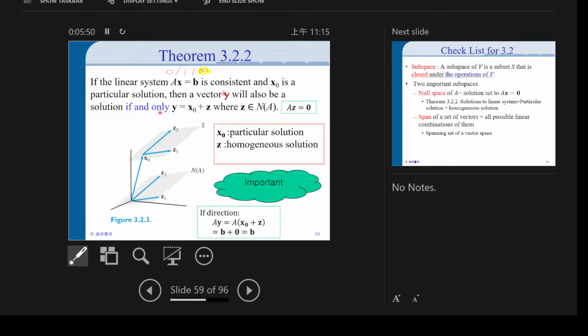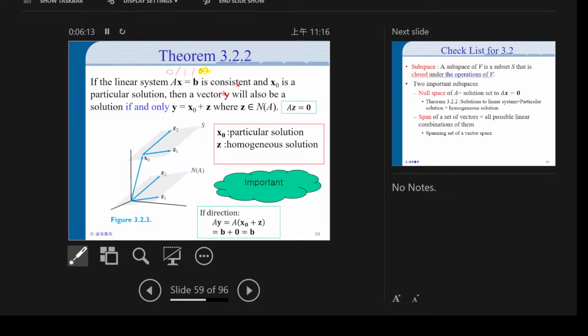We have a whole bunch of names here. x0 is called the particular solution, and z is called the homogeneous solution because it's a solution to the homogeneous system. And x0 is a particular solution just because it's one particular solution to Ax equal to b.